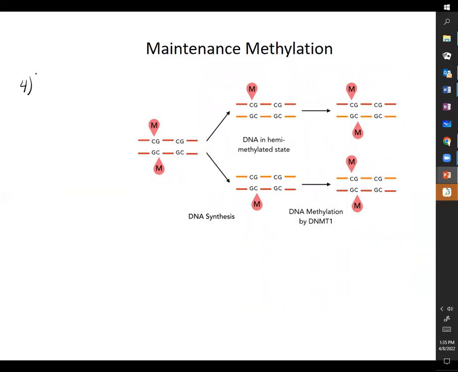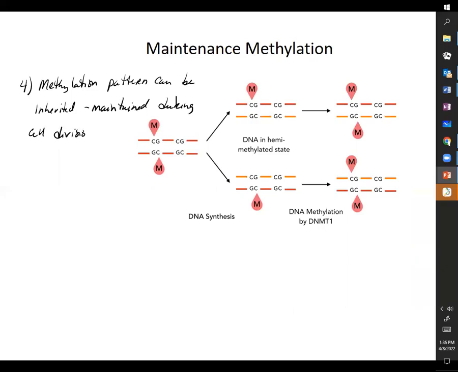This methylation pattern can be inherited, or you can think of it as maintained during cell division. Well, how is that possible?